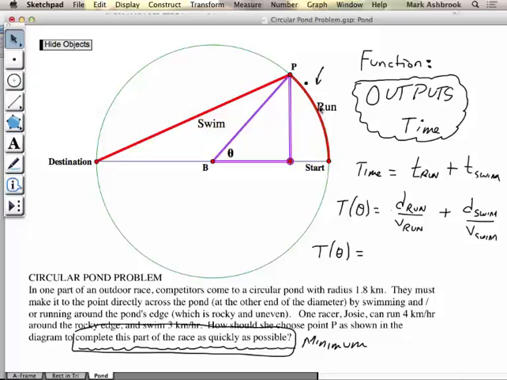The radius is 1.8 kilometers, so the total number of kilometers would be 1.8 theta. What's the speed of her running? Given, 4. So we got the time it takes her to run in terms of theta: 1.8 theta over 4.